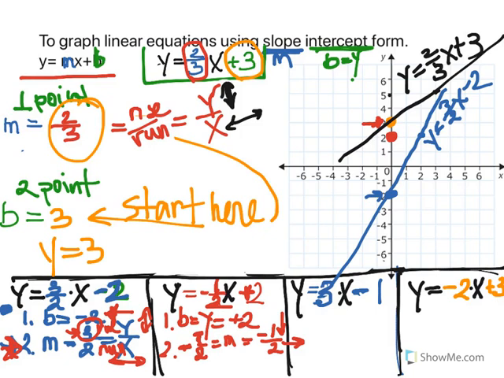So I'm going to go down 1 and over 2 right here. Down 1 and over 2. Here are my 2 points. Now I can create my line. My line is y equals negative 1 over 2x plus 2.